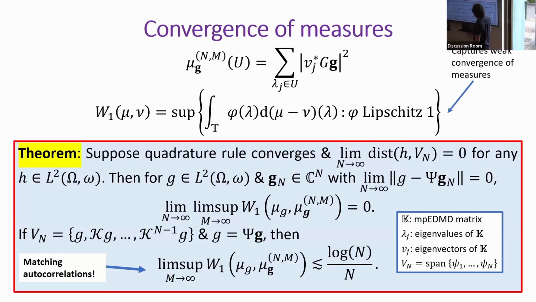So here's the theorem. Suppose your quadrature rule converges and your subspace satisfies this density property.